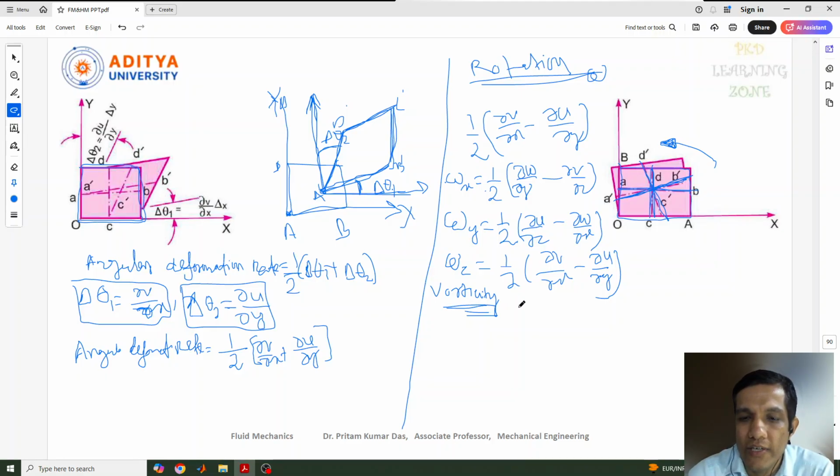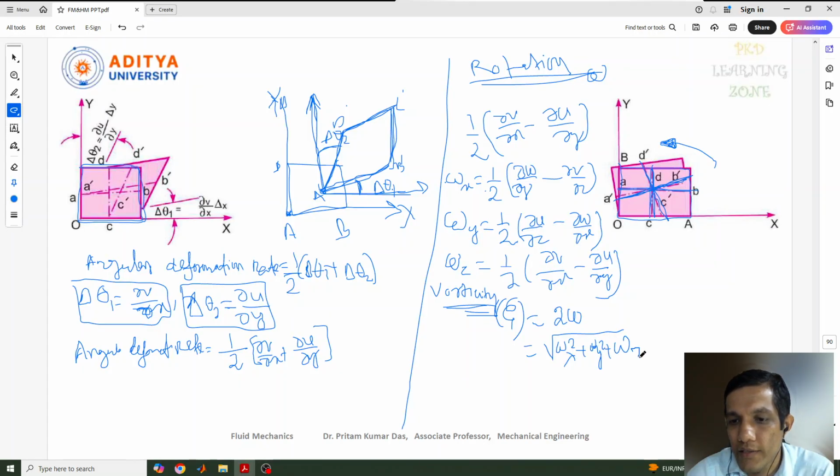So how can we write this vorticity? Vorticity is indicated by a summation-type symbol, or you can say chi. This is chi equal to 2 into omega, or if you want to calculate it, you can write root over of omega x square plus omega y square plus omega z square.